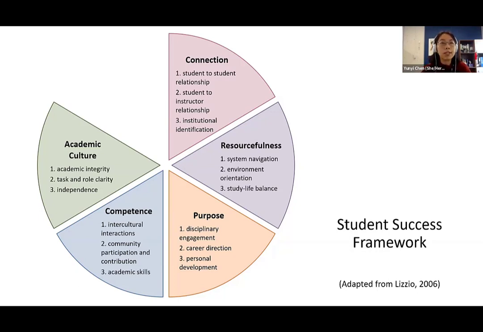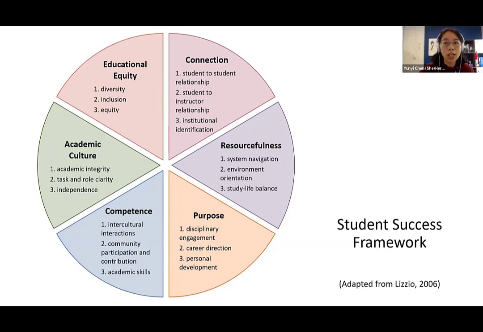So Professor Lizio's framework only includes the 5 components. The 6th one is a new component I developed together with my colleague Yasmin. So it is a sense of educational equity, because as we mentioned in their challenge, they may encounter biases, discriminations, unfairness.